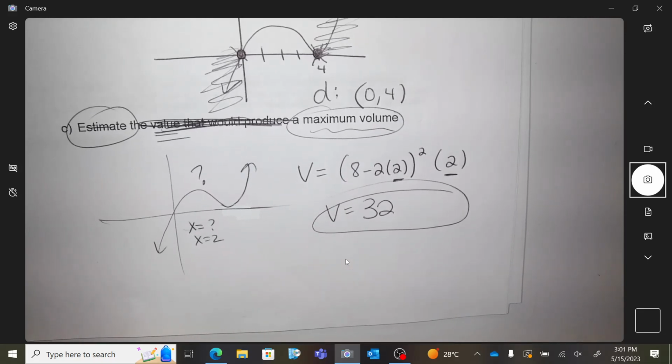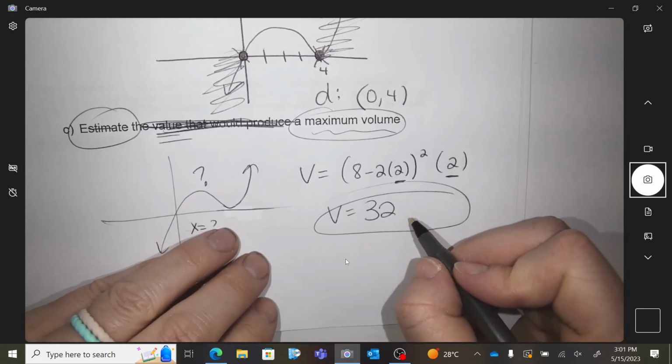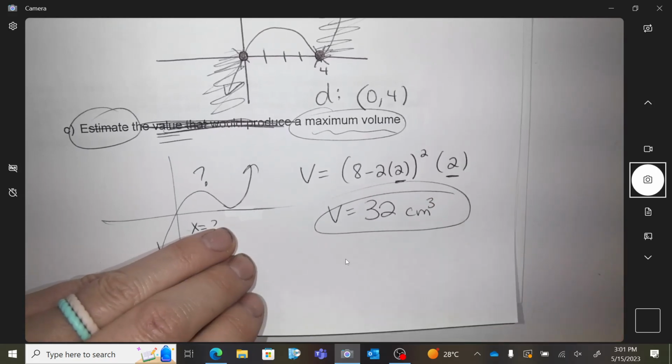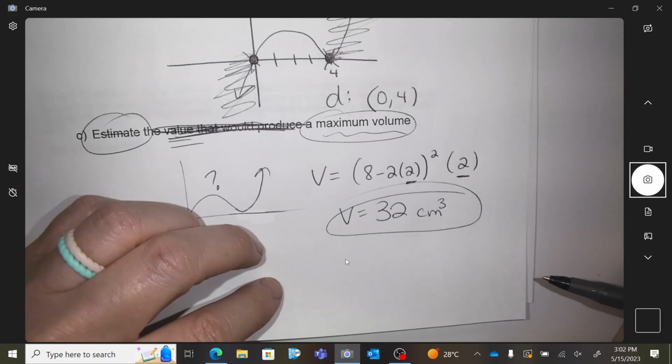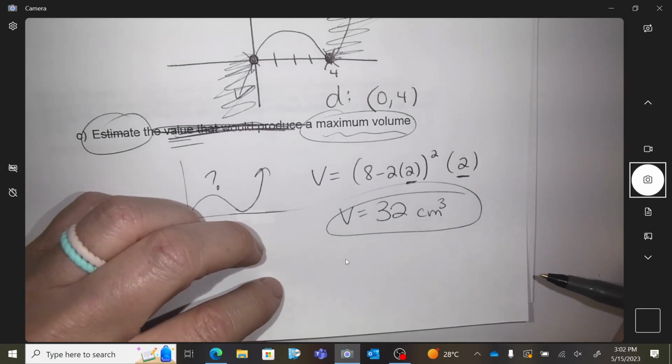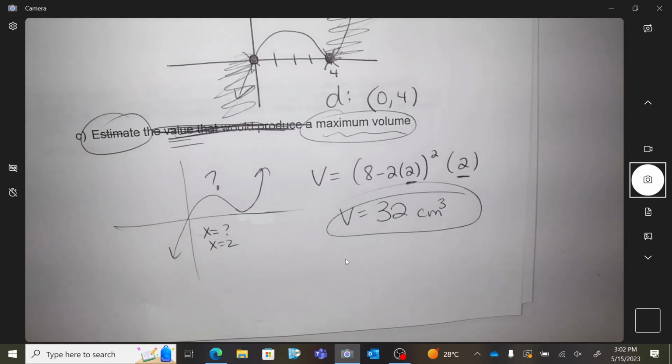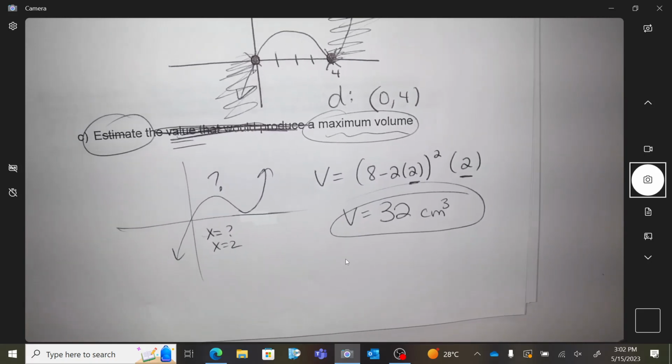Something with measurement stuff. Centimeters cubed. And I would have that expectation on a test that you would throw some units on it, or I would give you just a communicating error, like that small one I've been doing.